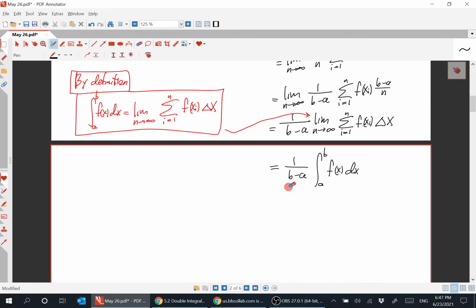So this is the length of the interval a less than or equal to x less than or equal to b. The length or the measure of the interval from a to b, and this is the integral of f of x over that interval.